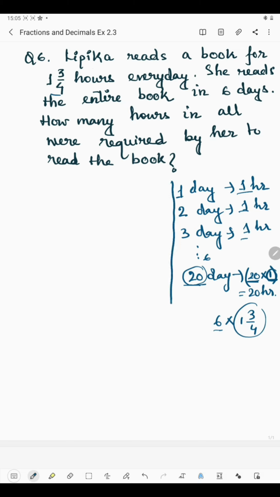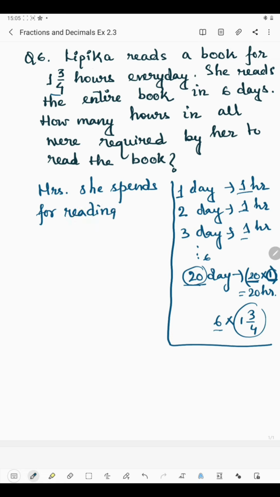Okay, so we'll start now. First we'll write the hours. Time taken to read the book. Okay, so hours she spent for reading the book is 1 3 by 4 hours.